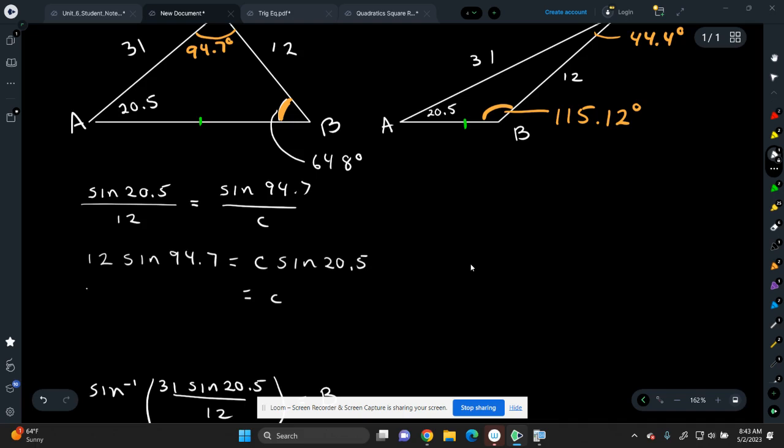So C equals 12 sine 94.7 over sine 20.5.